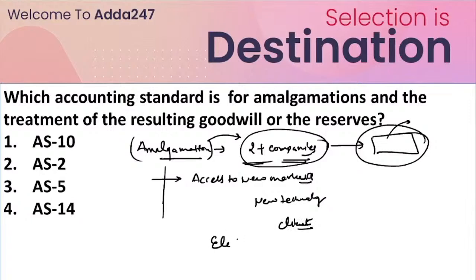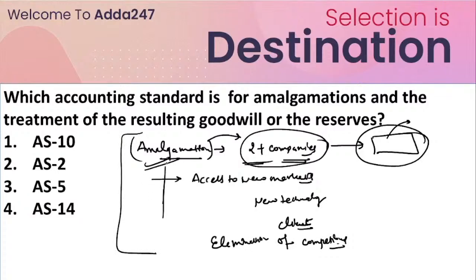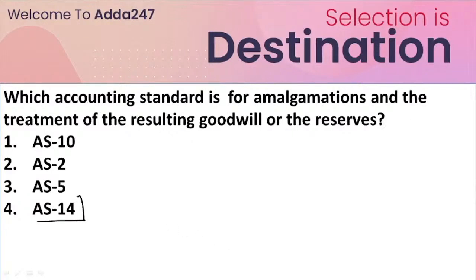That is also a benefit of amalgamation, the elimination of competition. Those are the basic benefits of amalgamation. So what we understand by amalgamation is that whenever two or more companies form a new entity, it is known as amalgamation. The accounting standard that relates to amalgamation and the treatment of the resulting goodwill or the reserves is Accounting Standard 14.